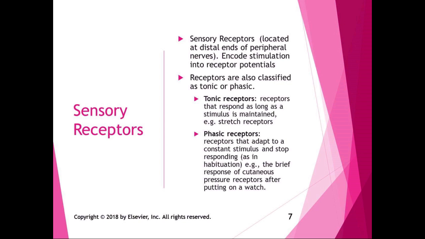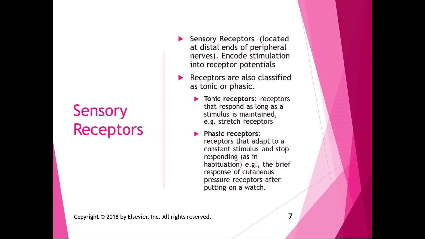But later on in the day, you don't feel that anymore because those phasic receptors to touch have adapted to that constant stimulus, and they go, oh yeah, big deal, you have a sweater on. We don't need to know about that, or the cerebral cortex doesn't need to know about that. It's got more important things to deal with, and so we're just going to stop sending the signal.